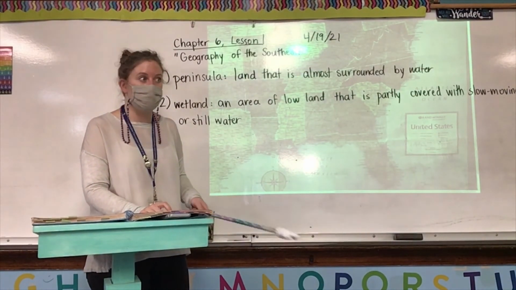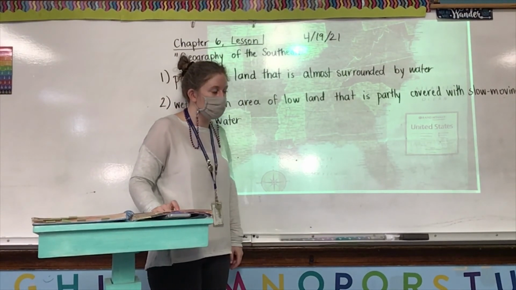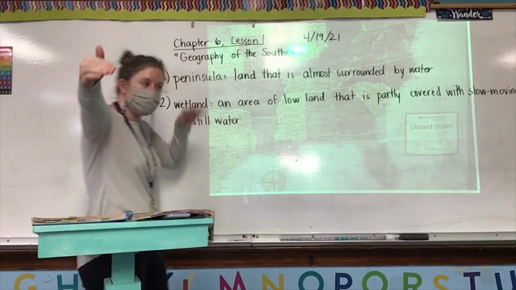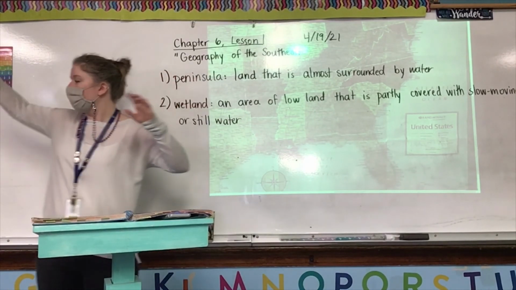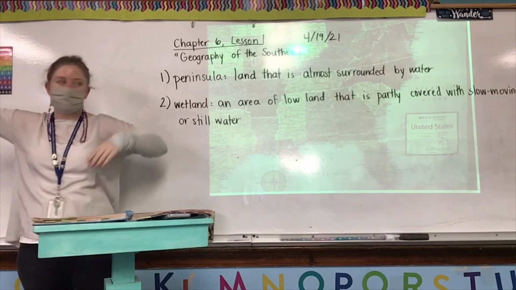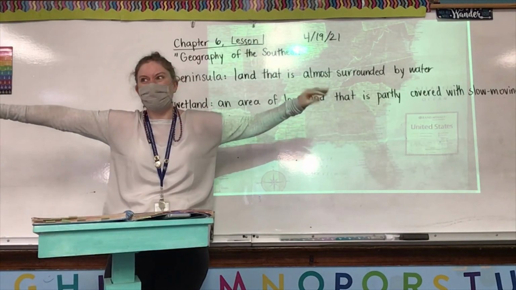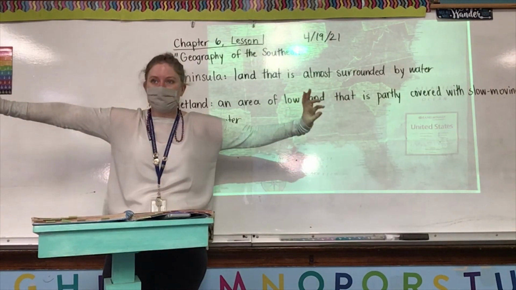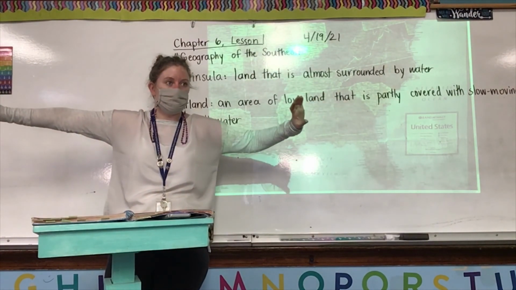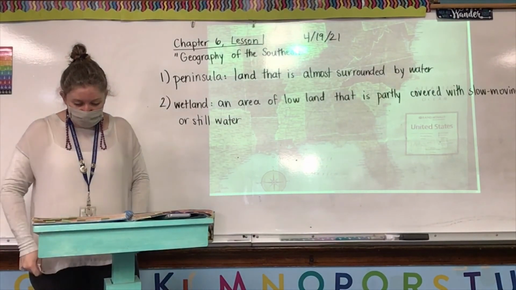That means more than 1 million acres. 1 acre is like the size of our room, 3rd grade, from this window to the window in 3rd grade, from the emergency doors down to the stairwell. That's about 1 acre. There's over 1 million of those next to each other. So it's really, really big.